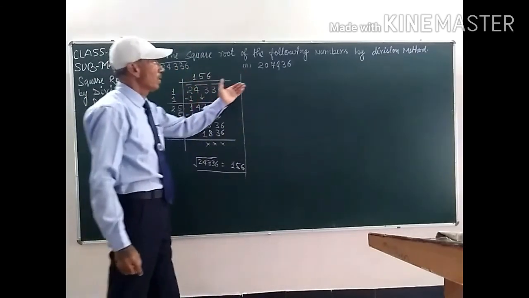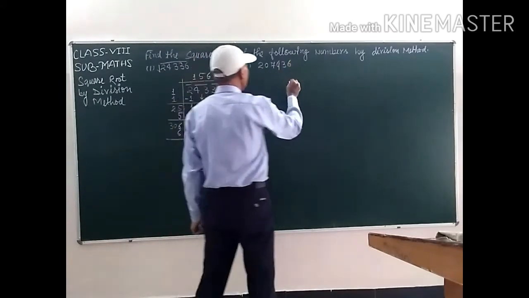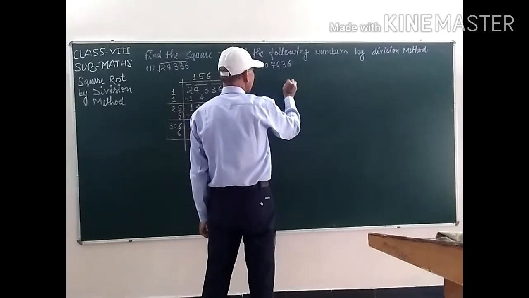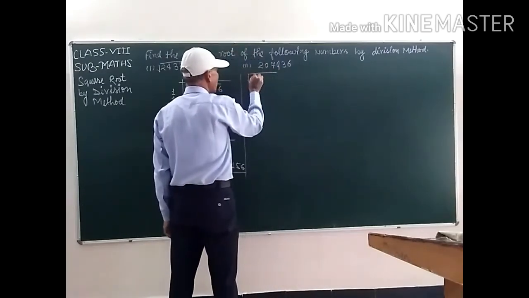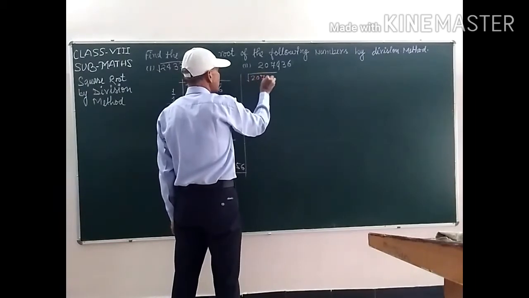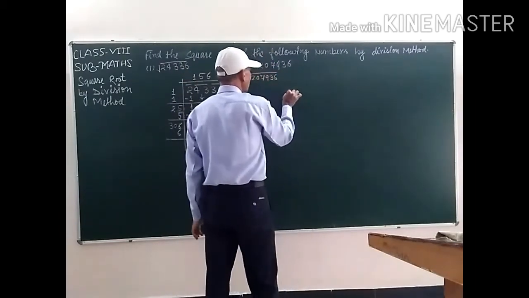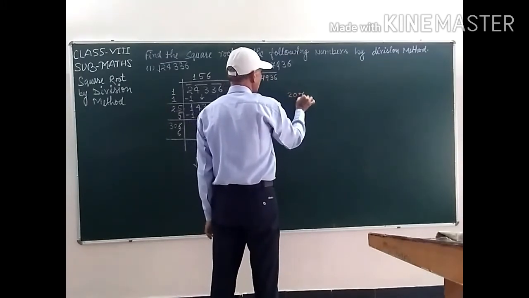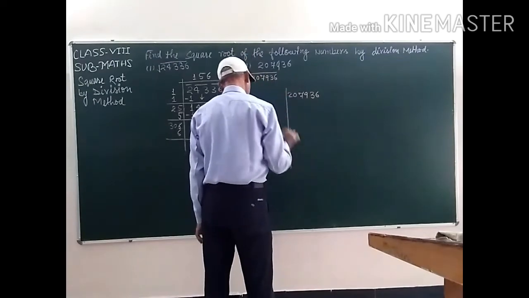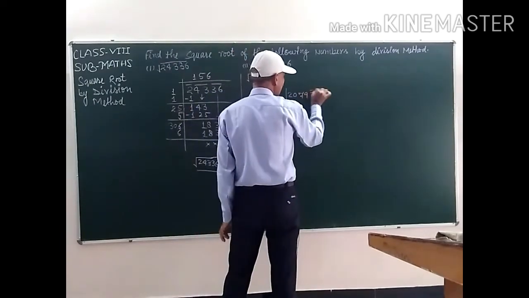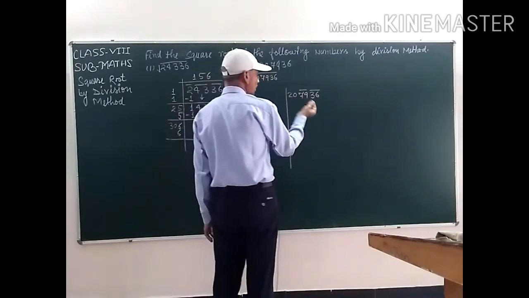Okay student, a 6-digit number is here, and first of all you will write the number. You are going to find the square root of 207,936. In the first step you will make pairs from the rightmost side to the left.